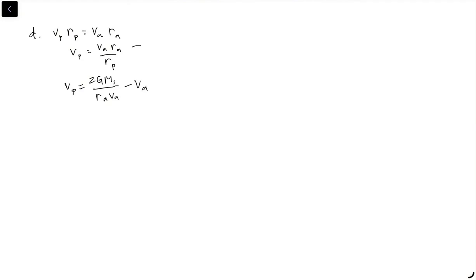So because these are both equal to each other, I'm going to set them as equal to each other. And then they actually give us most of these values. So they give us RA, RP, G, the mass of the sun, and this RA. So we can isolate for VA.